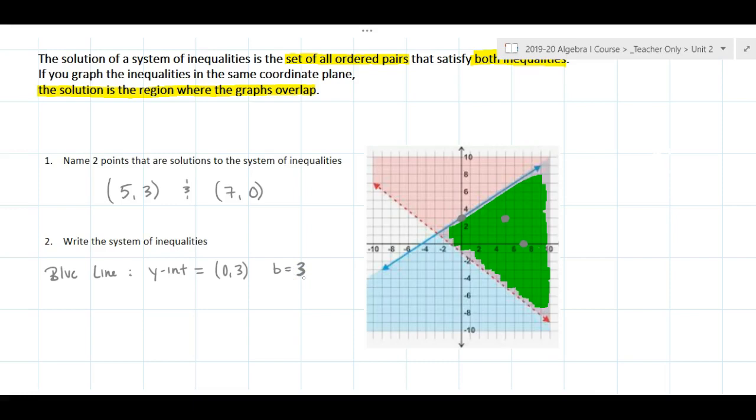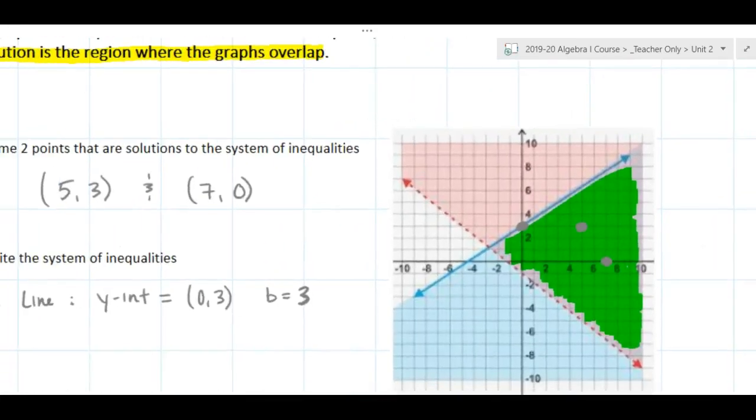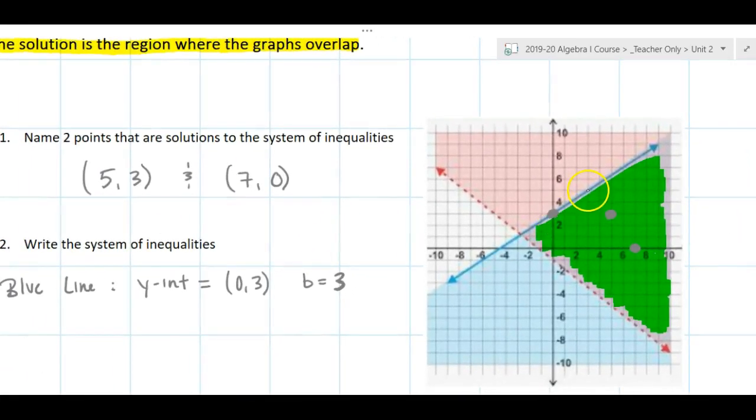And now I need to find the slope. So I need to choose another point that falls directly on 2 whole numbers. To get from my y-intercept to this point, I have to go up 2, right 3. So my slope is positive 2 over 3.